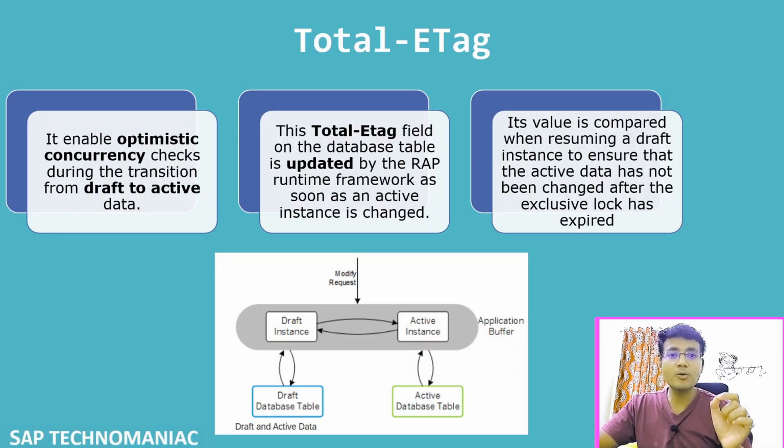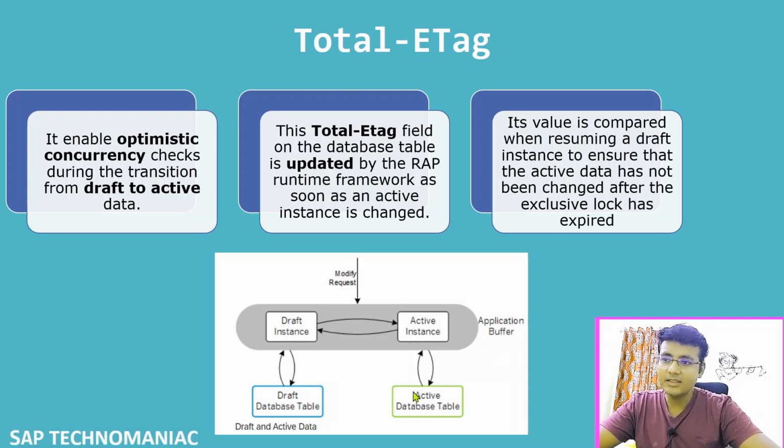Let's discuss the total ETag field. The total ETag field is very important whenever you are working with drafts. Suppose I have started editing one of the travel instances which is available in the database, say travel ID 444.